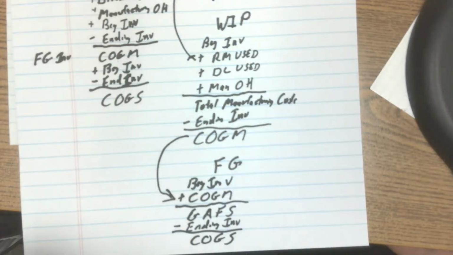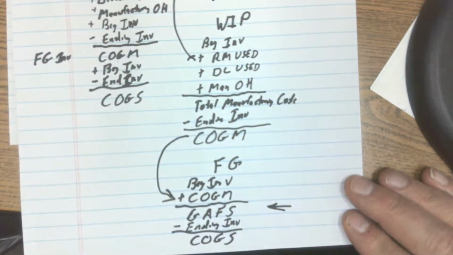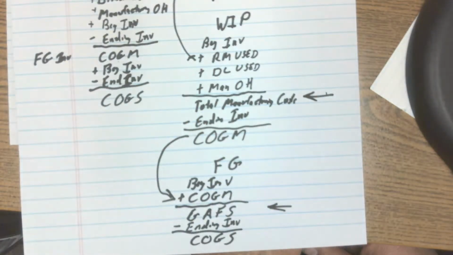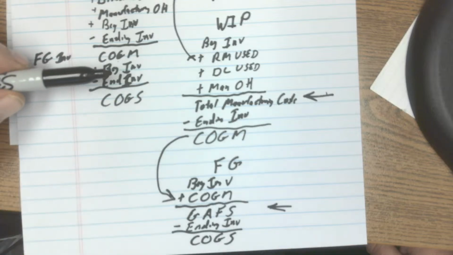My way is a little bit longer, but I like having the goods available for sale. I like having the total manufacturing cost on an exam. Either way is perfectly acceptable. I won't mark you down if you choose either way to do it. It's fine, because obviously this is shorter, a little more efficient.